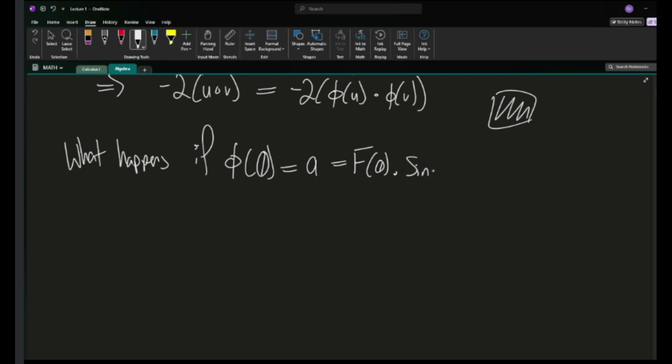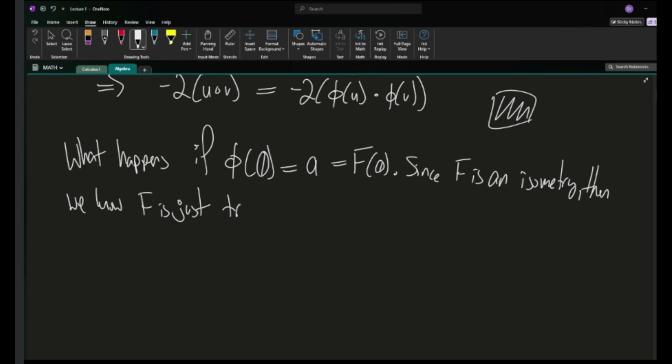So since f is an isometry, then we know f is just translated.